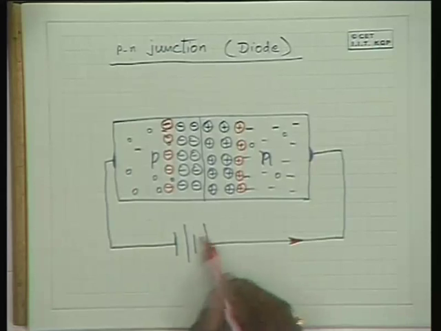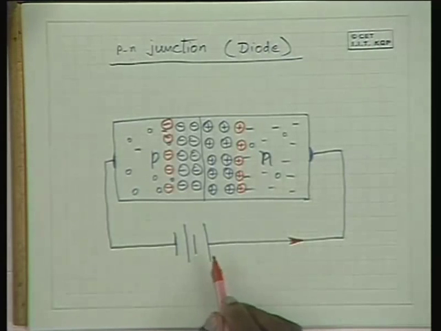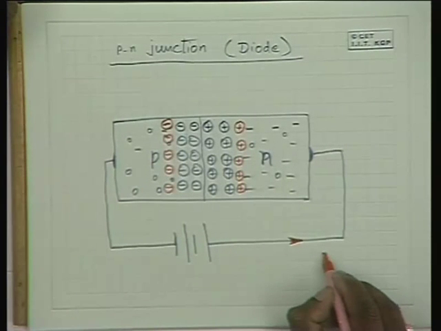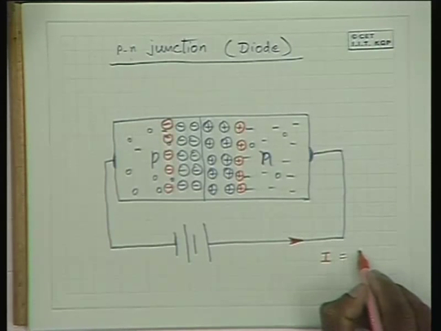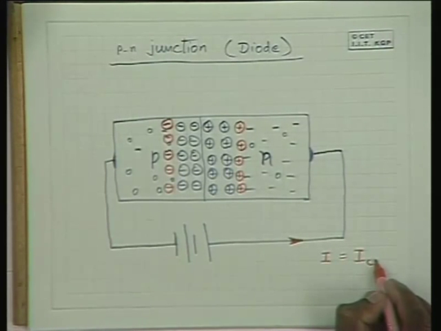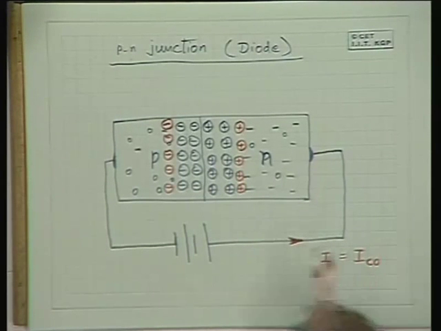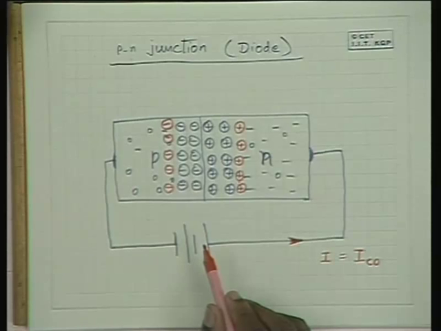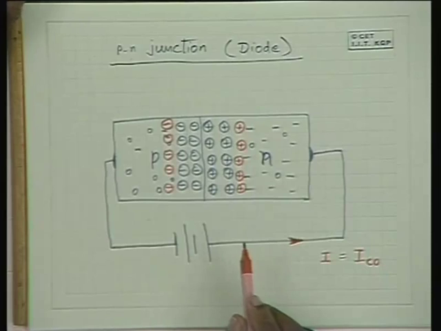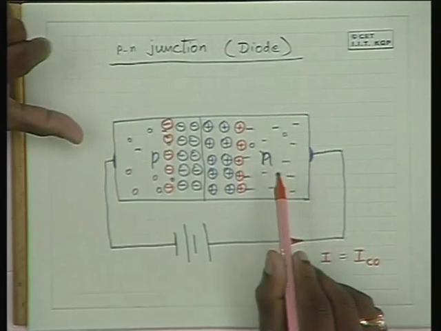Under a sufficiently large voltage, this current, known as the minority carrier current, almost remains constant irrespective of the voltage beyond a certain level, because the number of charge carriers is constant, and even if you increase the potential, there won't be an appreciable change in the number of them crossing the junction every second.